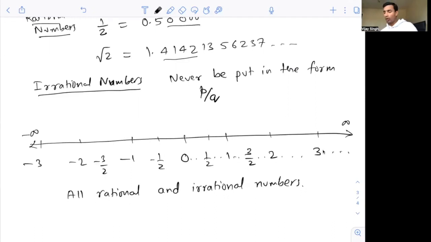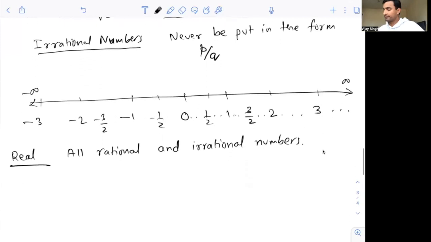But if you include all of them, then there will be no point on this line which cannot be represented by either a rational or an irrational number. So if you put all these values together, this set of numbers is called real numbers. So real numbers represent the set of all numbers that can be represented on the number line. Essentially, it has all possible numbers, from minus infinity to plus infinity, and these numbers are called real numbers.